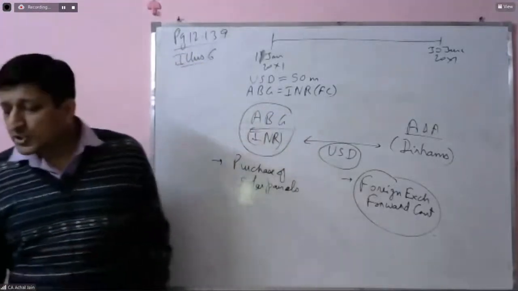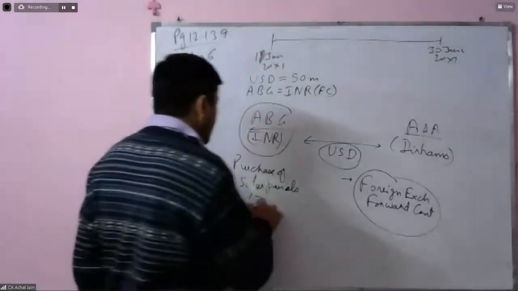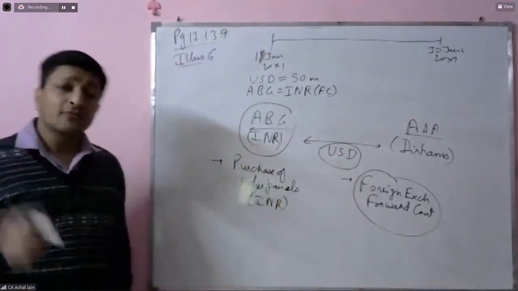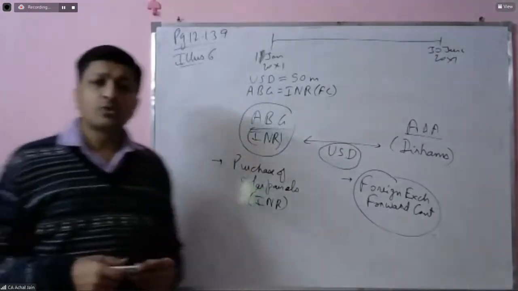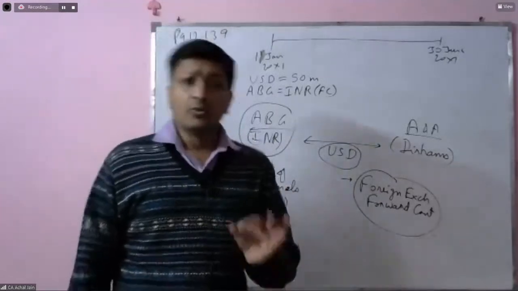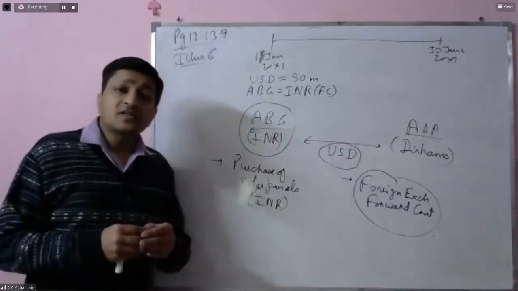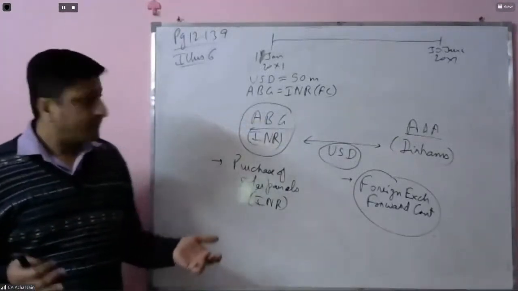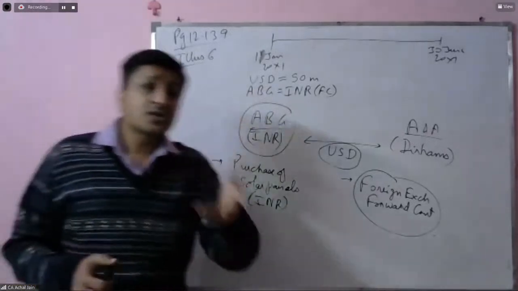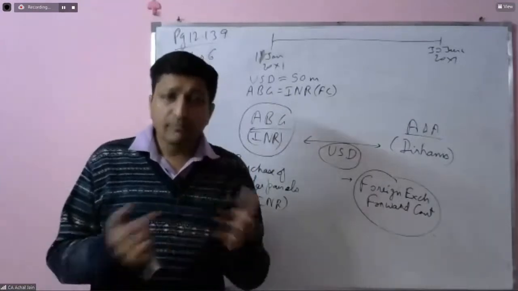You may have a question in mind: why are we saying that these purchases will be in INR, and why are we saying that the sale of USD will be in INR? It's all notional. Please understand, it's all notional. Notional means not actual. We are just getting into the substance of this arrangement. If you look at the arrangement, it was not structured the way we have tried to break it.